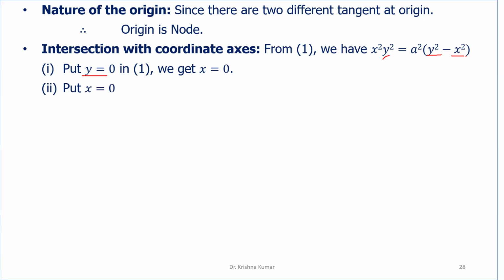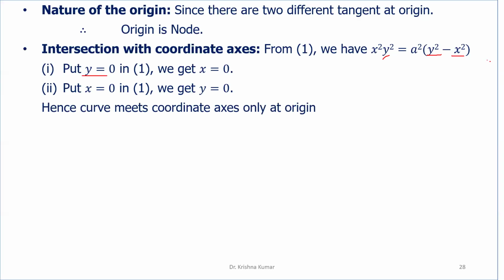Similarly, if we put x = 0, we again get y = 0. So this curve only intersects the coordinate axes at origin (0, 0).